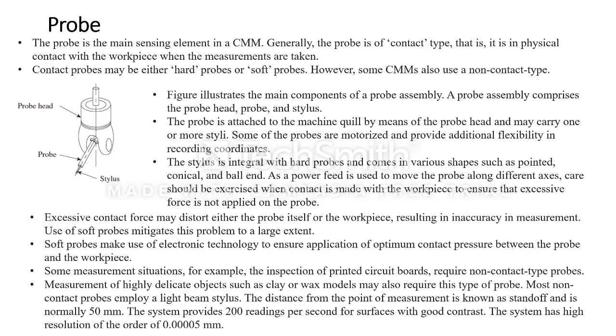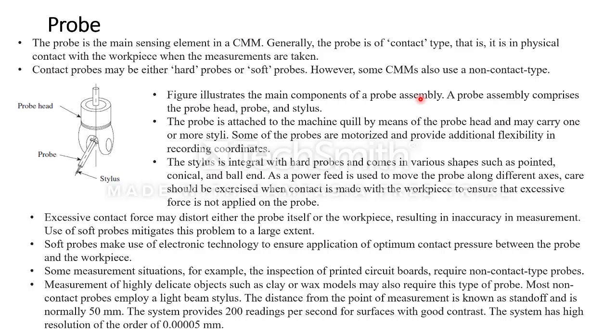Now if you just see this figure, this is the probe mechanism. It will have a probe head, and this is the probe, and this is the stylus. The stylus is mainly responsible for the measurement of the roughness or waviness of the particular surface texture. So this figure illustrates the main components of the probe assembly.